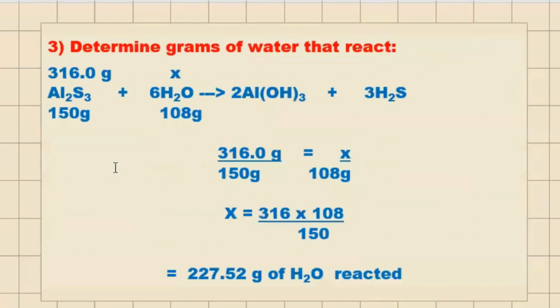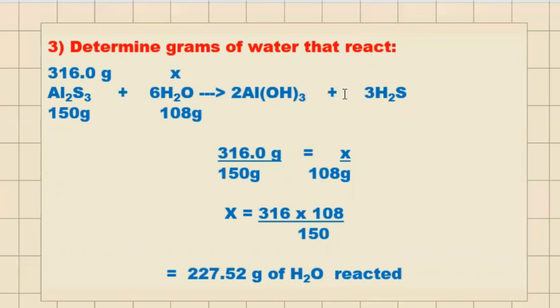Then determine the grams of water that reacted with 316.0 gram of Al2S3. All these 316.0 gram of Al2S3 is converted into product, but the given amount of H2O is not all converted into the product.